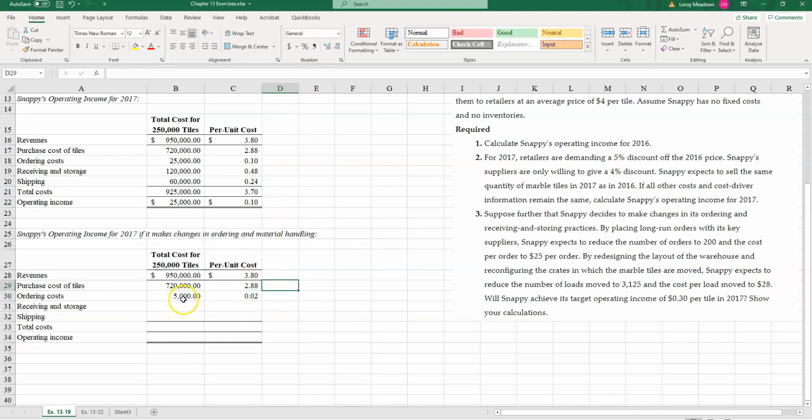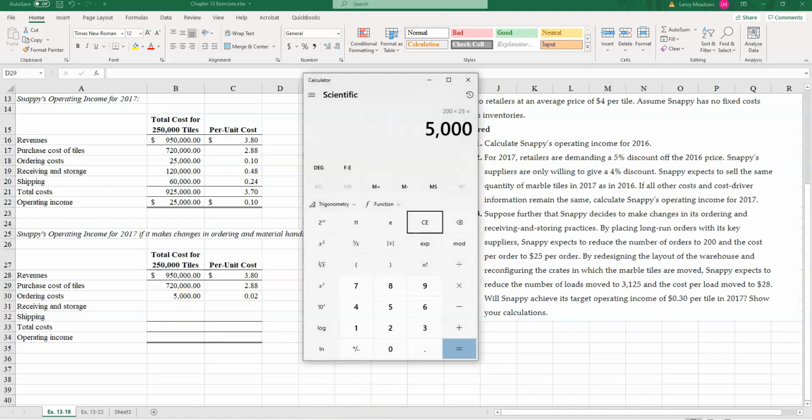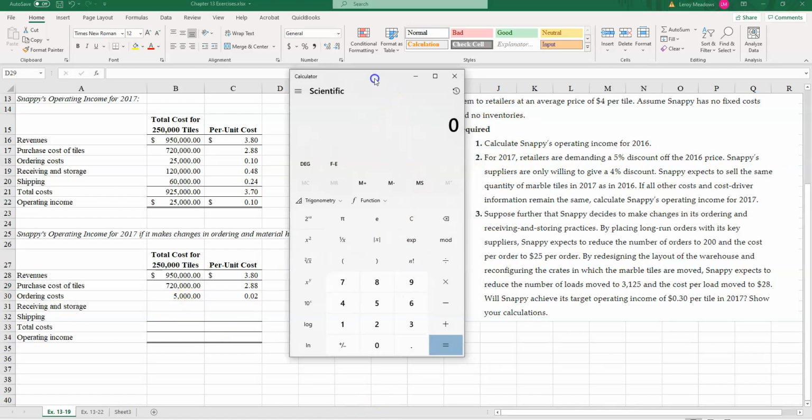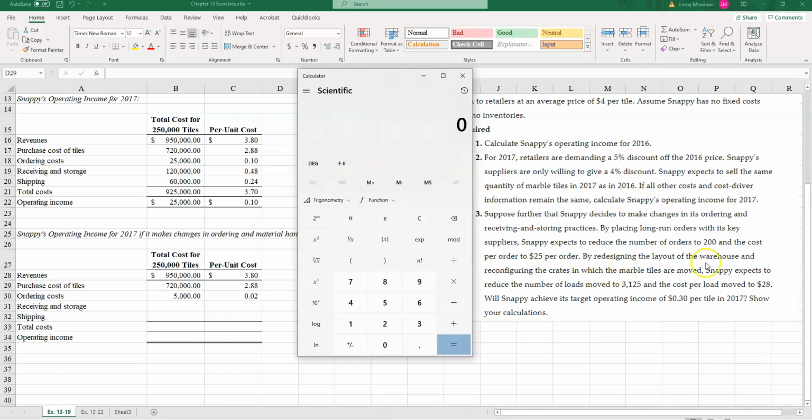Now what about receiving and storage? Let's take a look at our recomputed receiving and storage numbers and find out now what does it cost per tile. By redesigning the layout of the warehouse and reconfiguring the crates in which marble tiles are moved, Snappy expects to reduce the number of loads moved to 3,125 and the cost per load moved to $28.